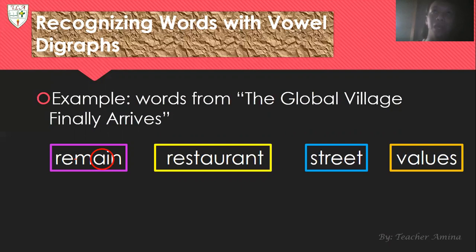For this one in the yellow box, we have AU, and you sound it as restaurant. And for the blue box, it's the double E, and you sound it as street with a long E sound. And lastly, we have UE, and you sound it as values.